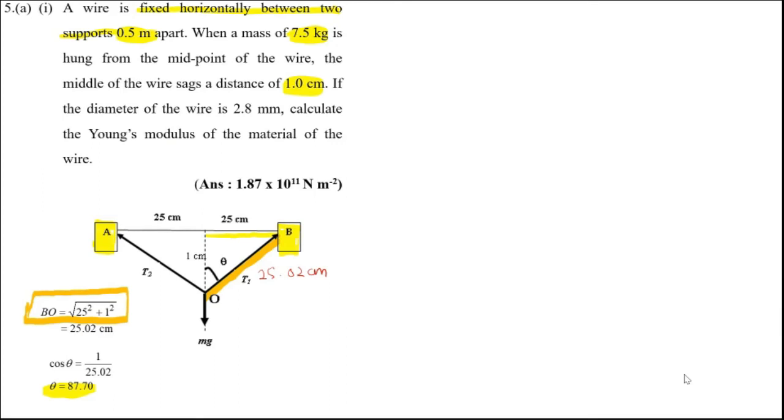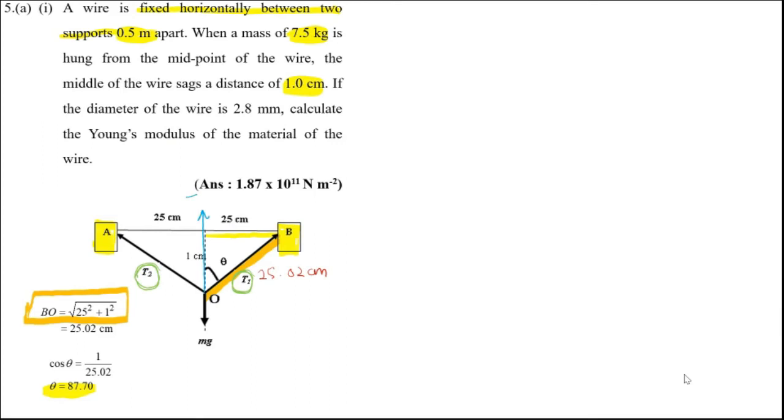And then because this is a wire, we have the tensions of the wire. So this one is tension 1 on the right side. Here is tension 2, where this tension can be resolved to y component, so we have tension T2y, right?